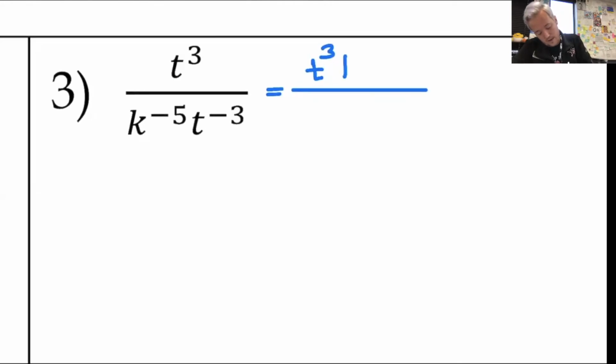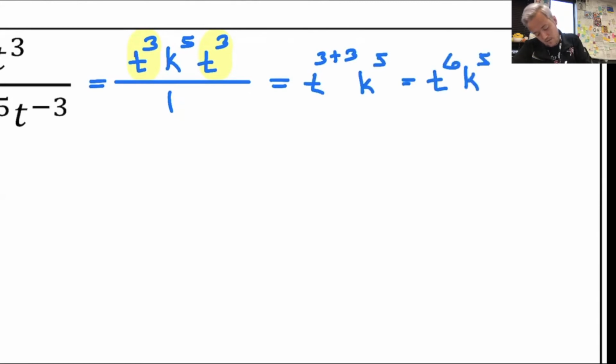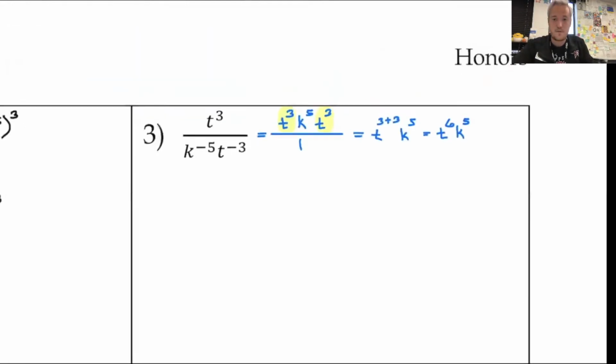So I'm going to have k to the 5th power, then t to the 3rd power over 1. All right, and then I'm going to combine the t values. So I'm going to have t to the 3 plus 3, then k to the 5th. So I'm going to have t to the 6th power, k to the 5th power. So that would be our simplified value.